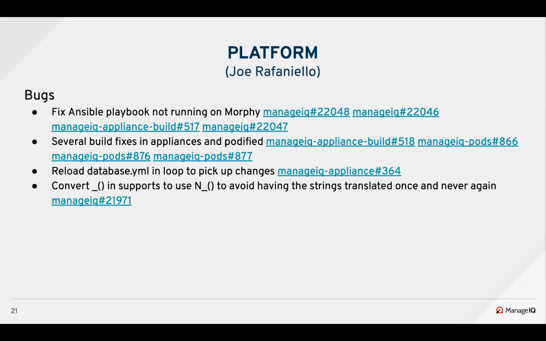Then Keenan fixed an issue where our supports call included strings needing translations, but they were using the getText format that evaluates it eagerly, so it wasn't being called, for example, if you change your locale later on, so it's only translating once. So he changed that. Next slide.